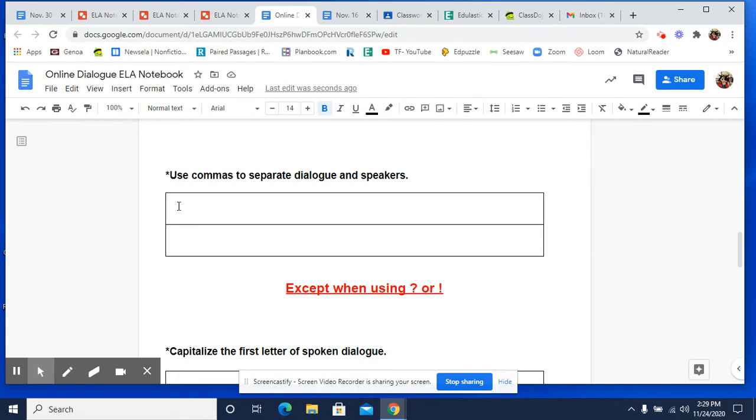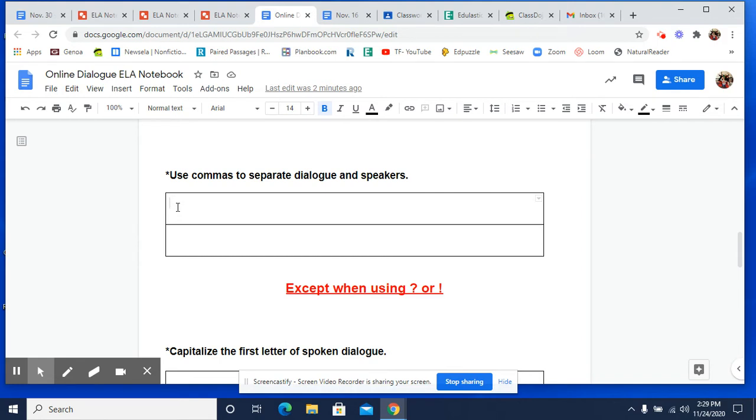Okay. So I'm going to do two sentences for this to show you, one with commas and then one with the exception. I'm going to make them short so you can fit them. I know you have two lines on your paper, and so you can fit them on one single line if you write this. Okay. So my first one is get busy, demanded mom.